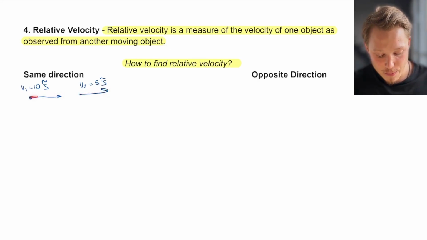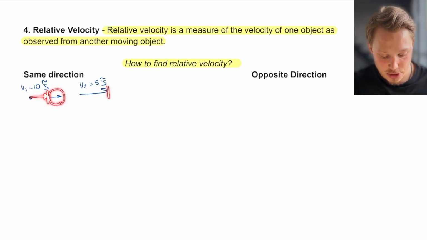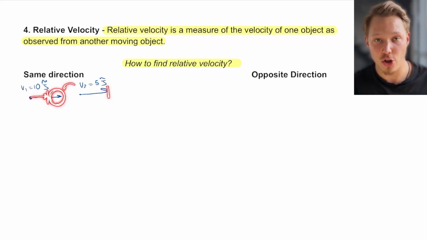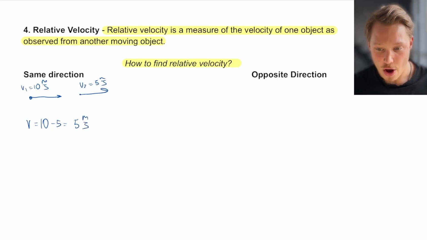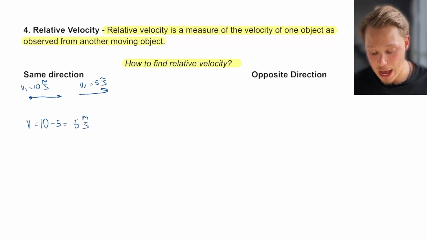So 5 meters per second of his velocity is going to go to just move at the same velocity, and these extra 5 meters per second are what's actually going to be used in order to get closer and closer. Therefore, when two objects are moving in the same direction, we have to subtract them from each other to get 5 meters per second. Versus, what if they're moving in the opposite direction?